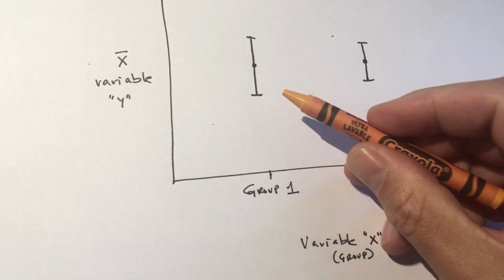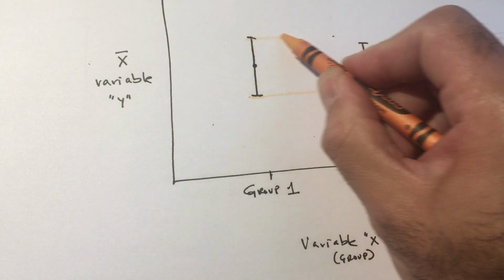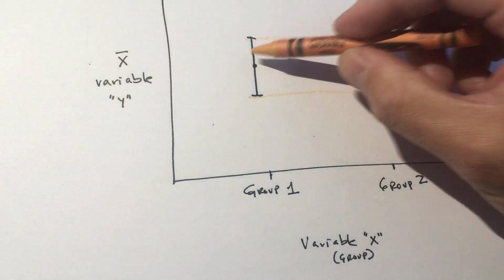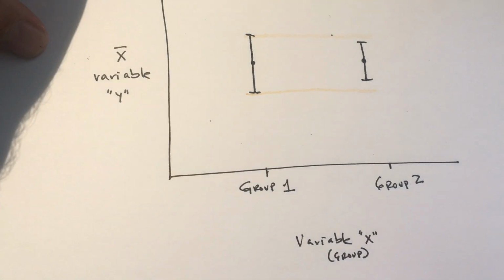What does that mean? If I use a crayon, you don't have to use a crayon, you extend the line. You think that one interval is within the other interval. Now, just for your own sake, what does that mean in terms of interpreting this?